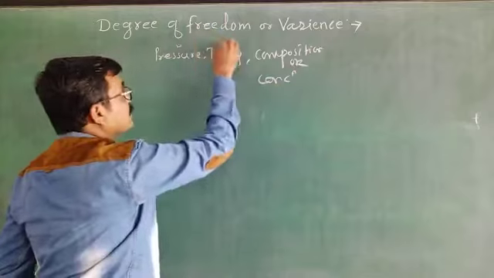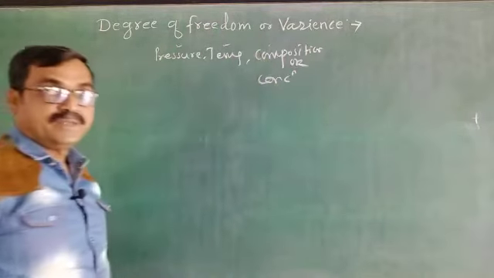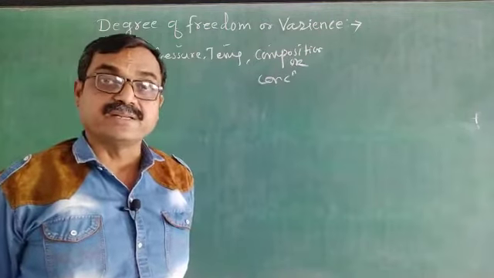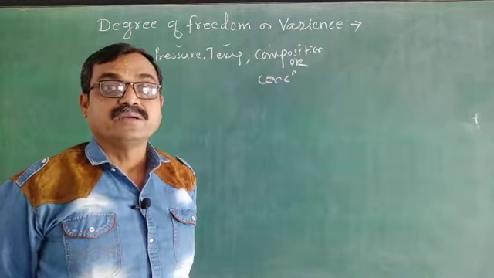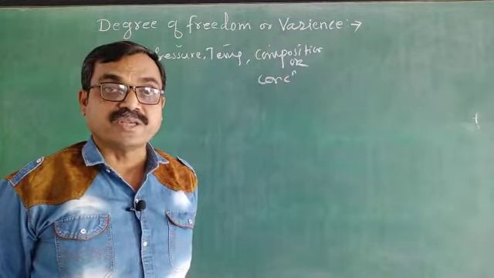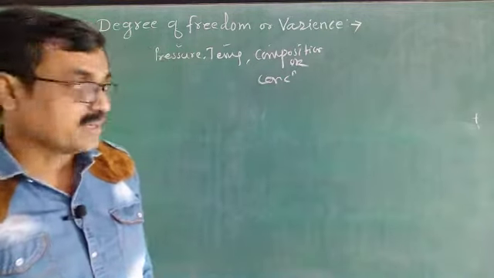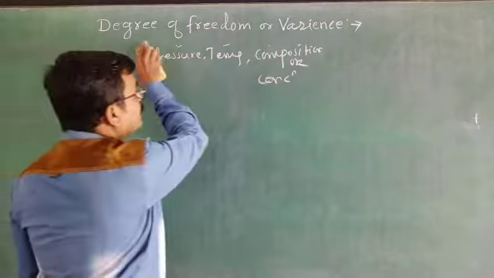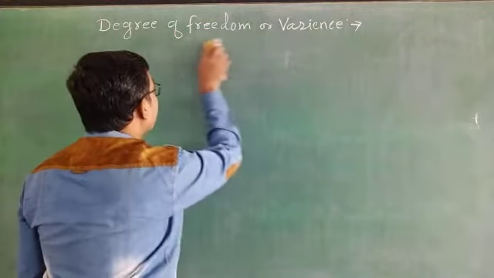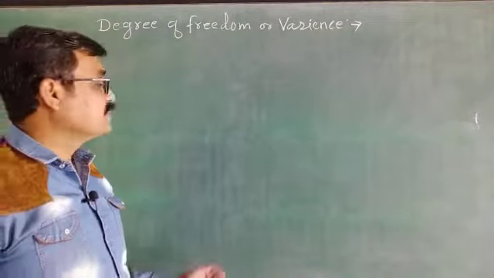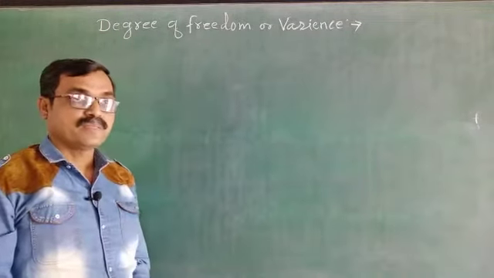Among these three, the number of variable factors required to specify the system which is at equilibrium. Such a number of factors required to specify a system at equilibrium is called degree of freedom.